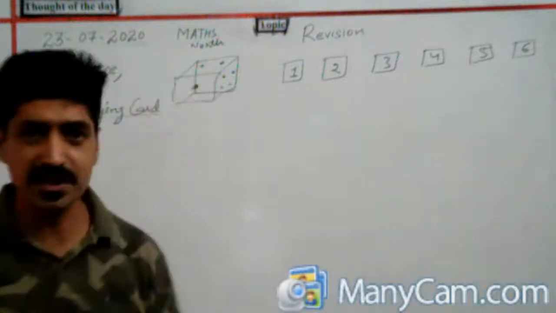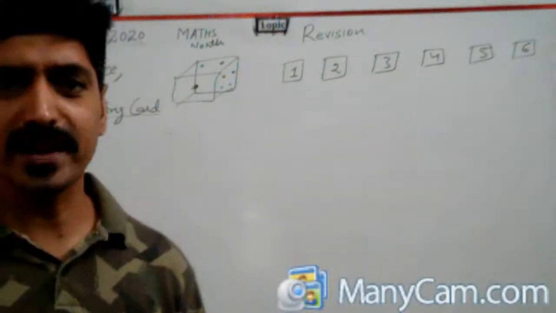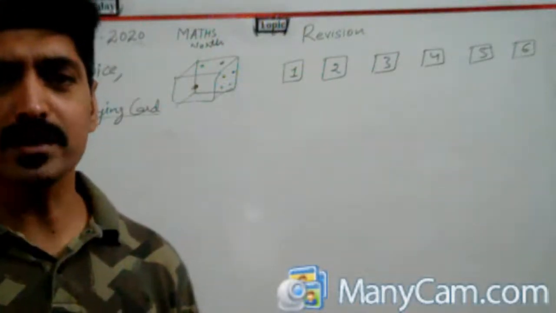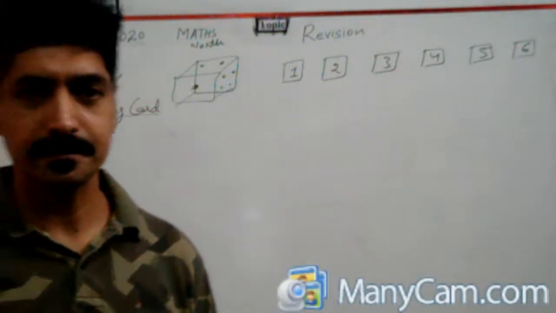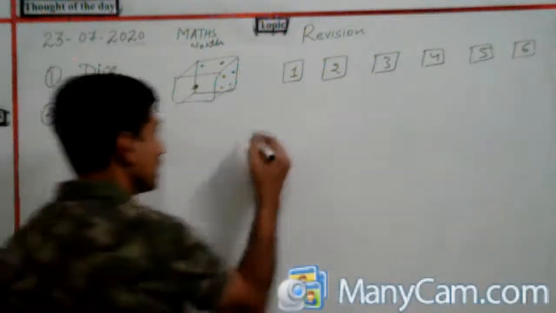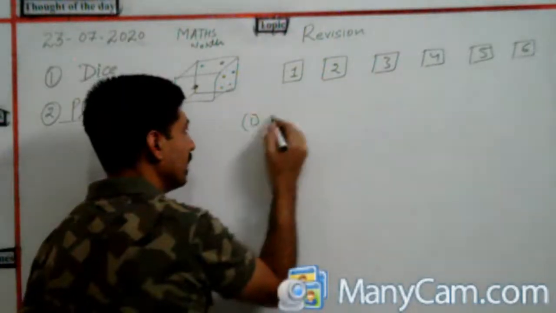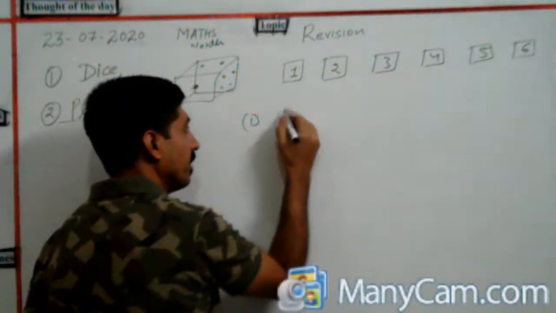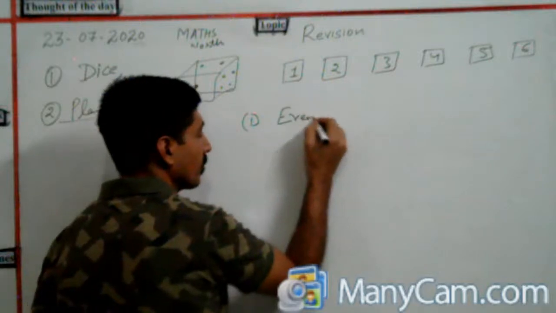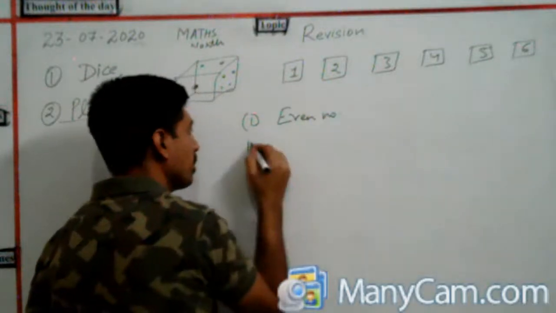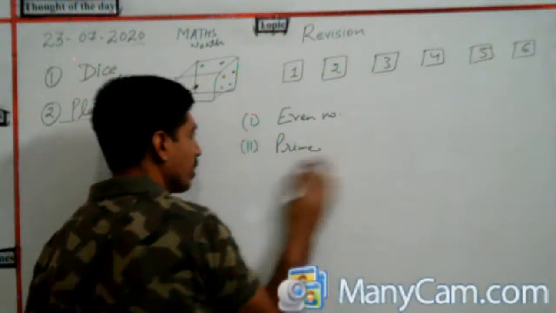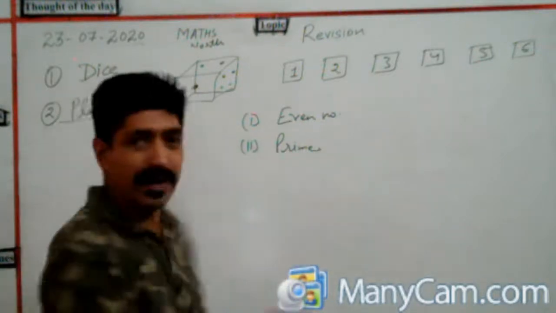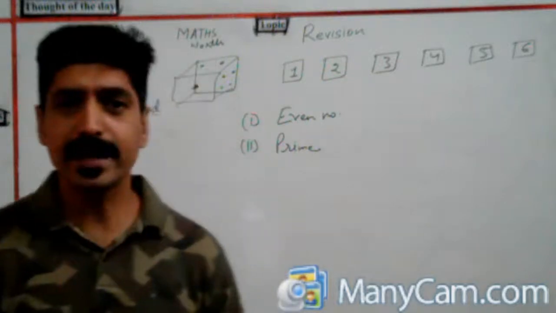The question is, if a dice is thrown once, what is the probability of coming a prime number? What is the probability of coming an even number? What is the probability of coming a composite number? Any question can be of any type.